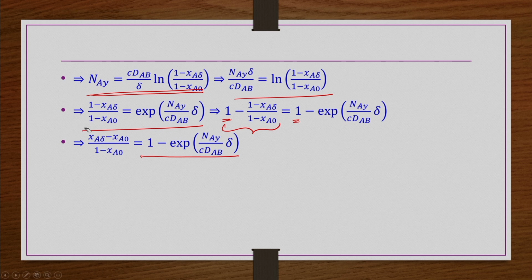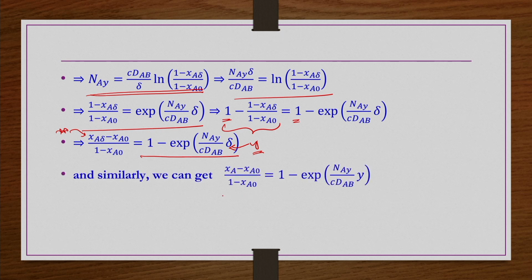If you want to know the expression for (XA - XA0)/(1 - XA0), then simply replace this XAδ by XA, and wherever δ is there, replace it by y, because at y equals δ, XA equals XAδ. At y equals some unknown y, XA equals some unknown XA, right. So if you do that, you get this expression.